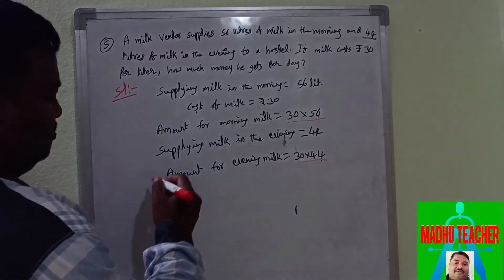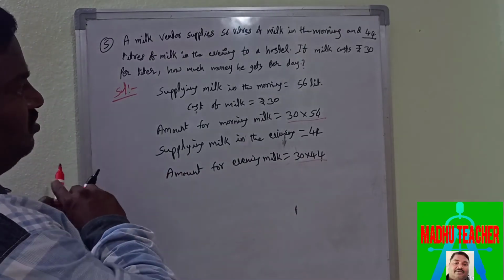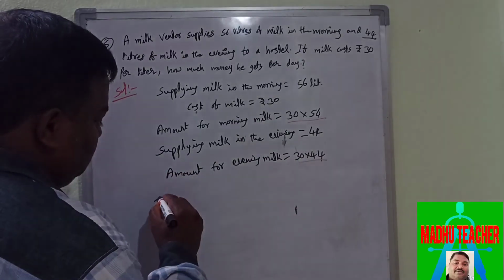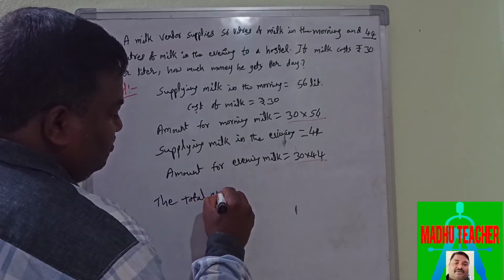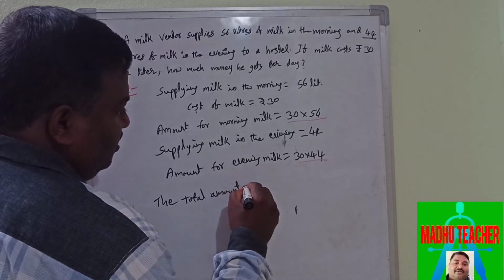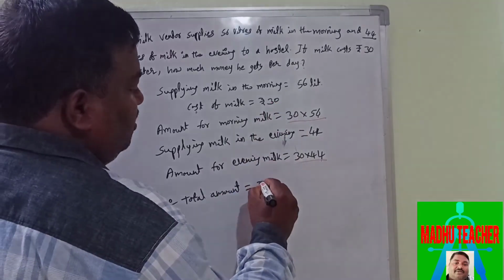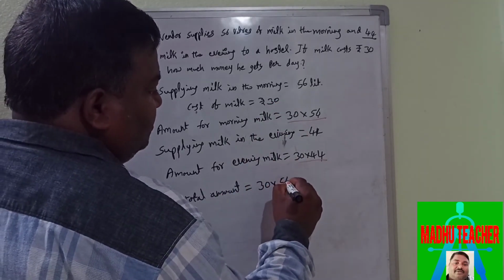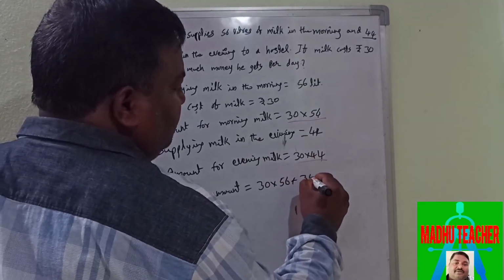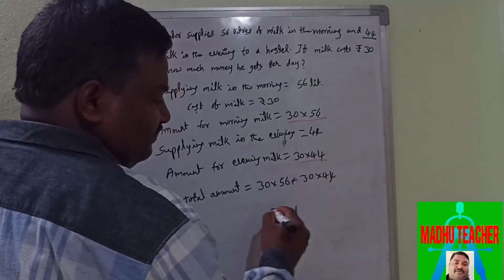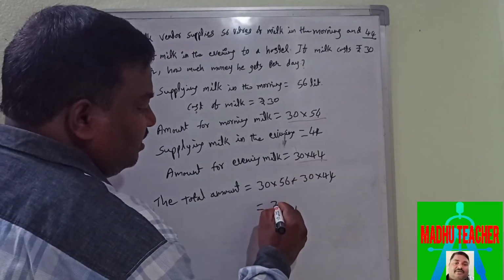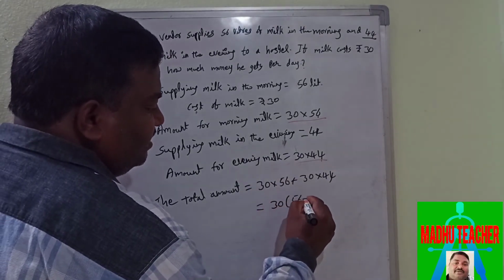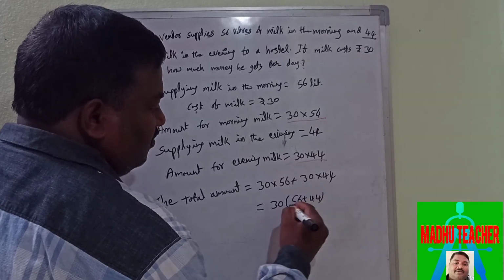The total amount equal to, so for morning 30 into 56 plus evening 30 into 44. So by distributive property, you can write 30 into 56 plus 44.